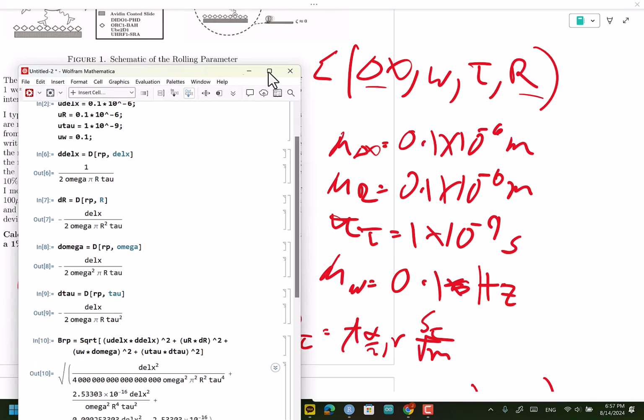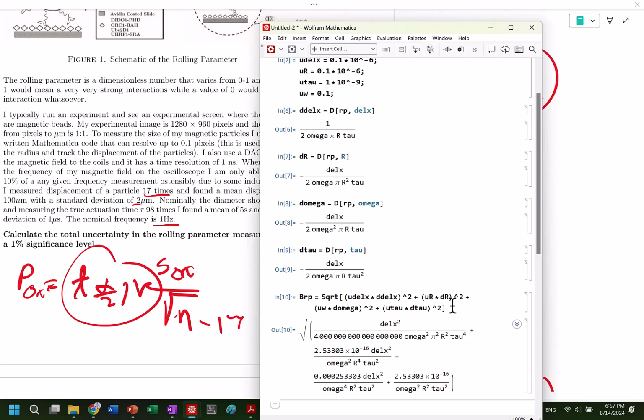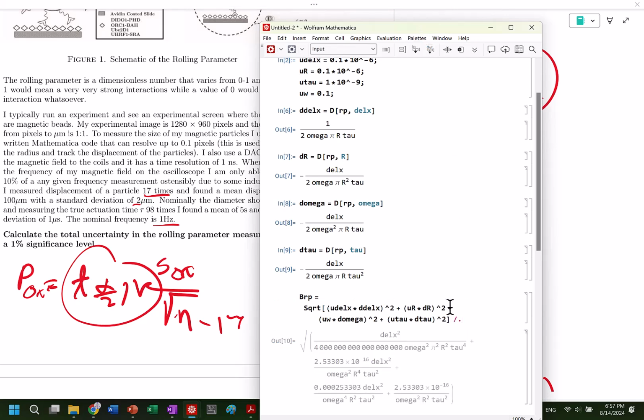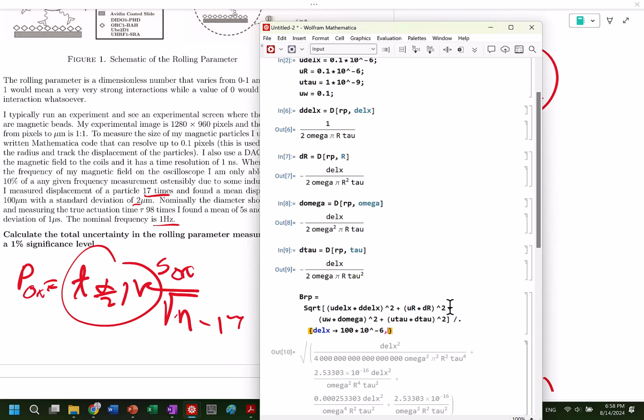And you see we have these values here. We need to substitute in what the nominal values are. So a mean displacement, del x goes to 100 times 10 to the minus 6, are the nominal, let's see.